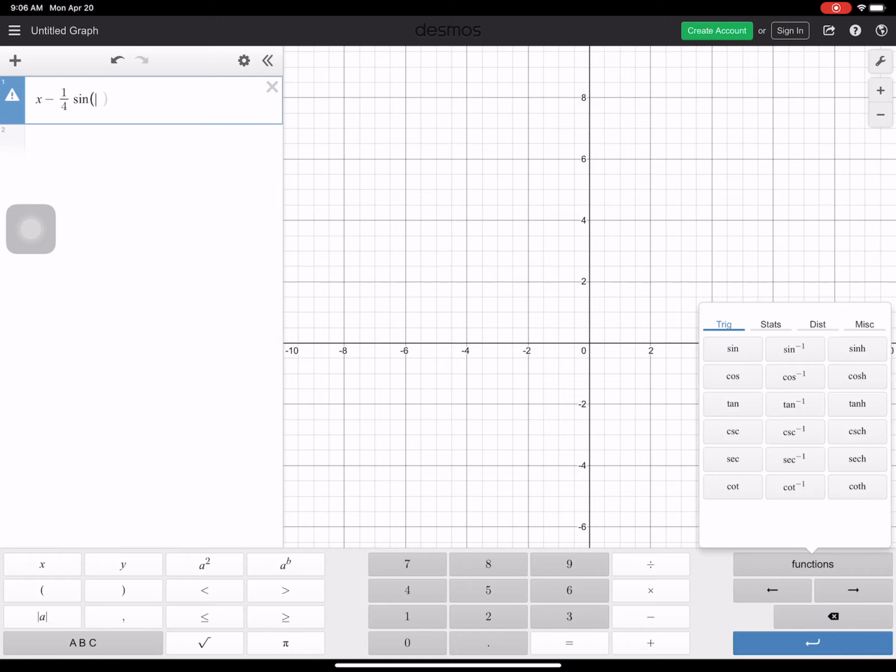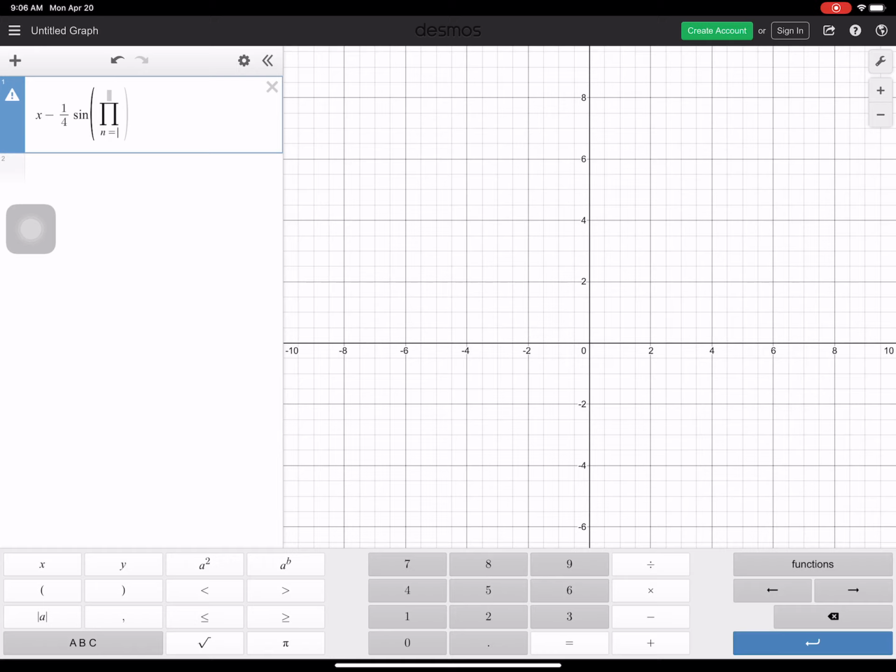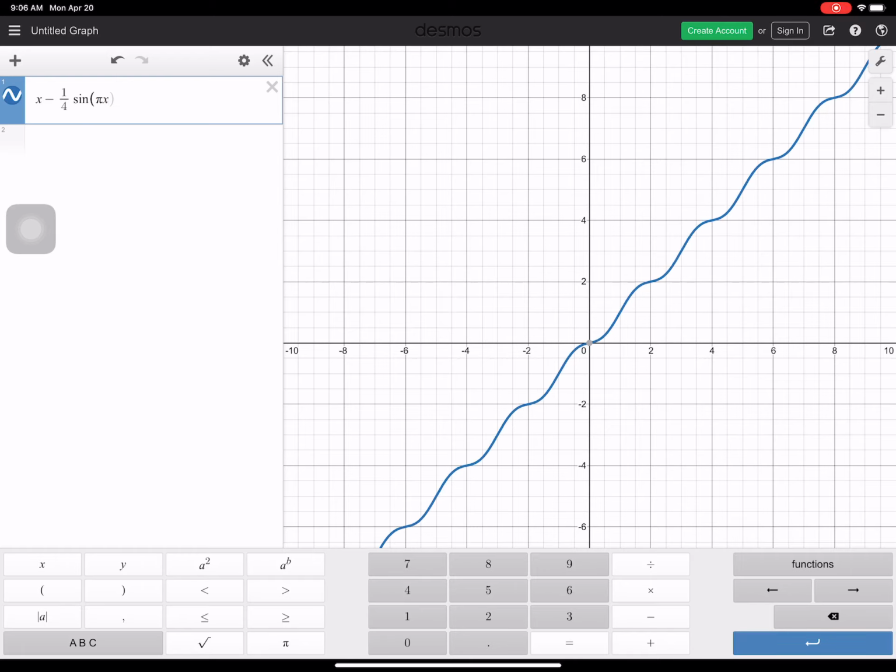Now I don't know if the pi button is in here. Oh, nope, that's not the pi button. Oh, pi. Whoops, let's clean that out. So sine of pi x, 1/4 of it. And then my other function is 4 to the power of negative x.